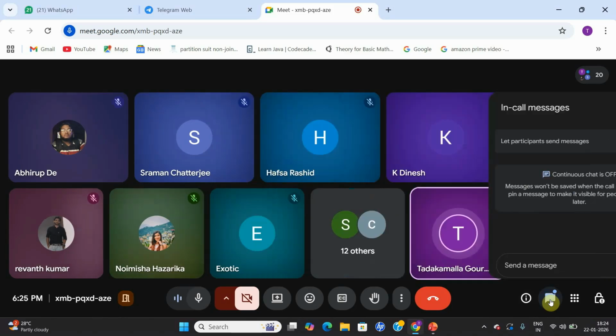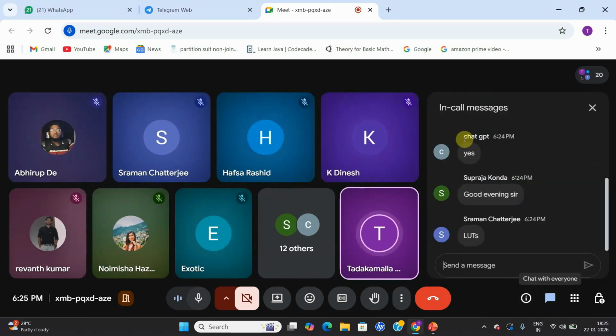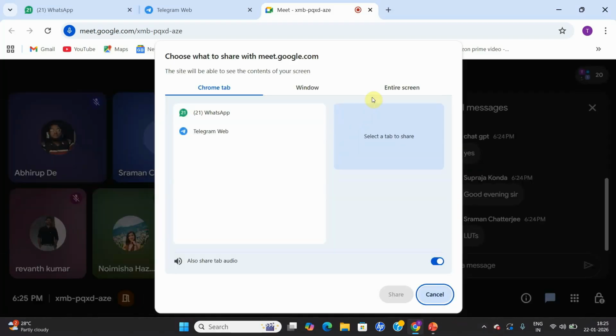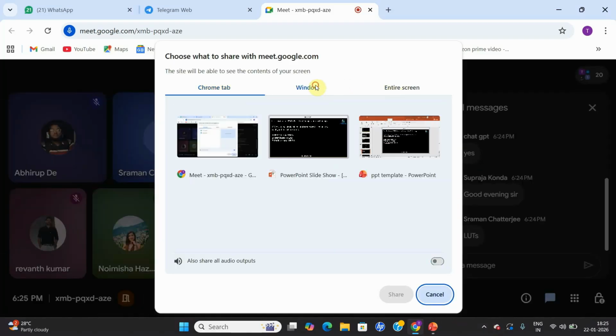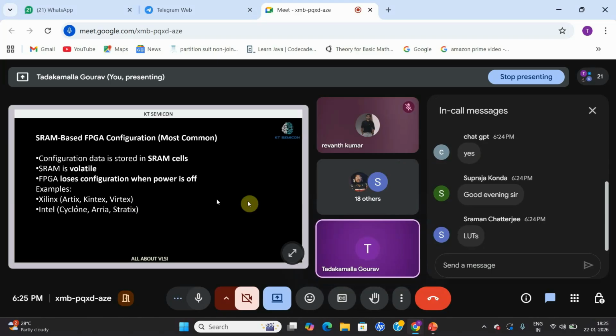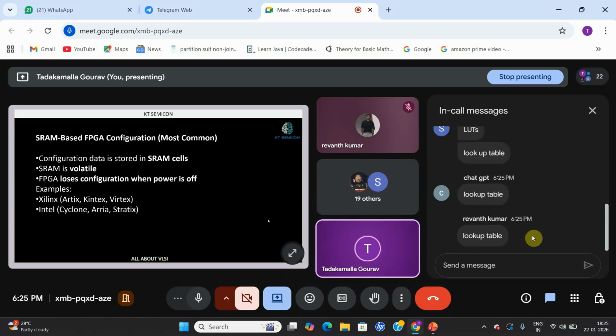LUTs, exactly. So, what is present inside an FPGA? What makes our FPGA configurable, right? The major reason for the configurability of FPGA that we discussed in our previous session. Exactly. What is the full form of LUT? Lookup tables. Exactly.